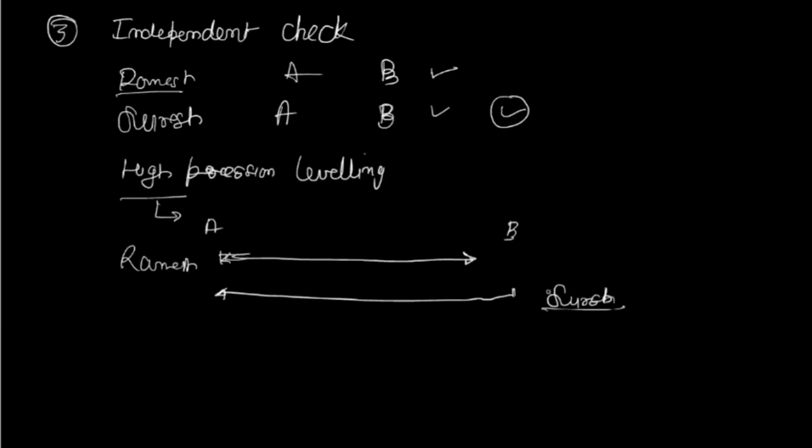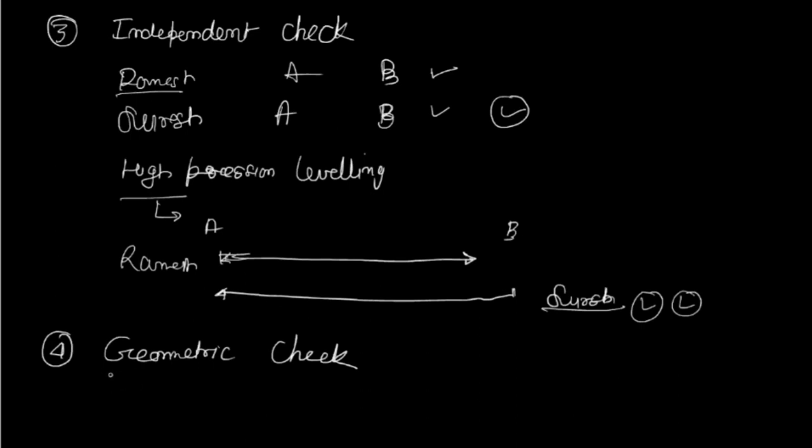So this is an independent check done by Suresh for the work done by Ramesh. This way we check for any possible gross error, and we eliminate those gross errors through independent measurements.